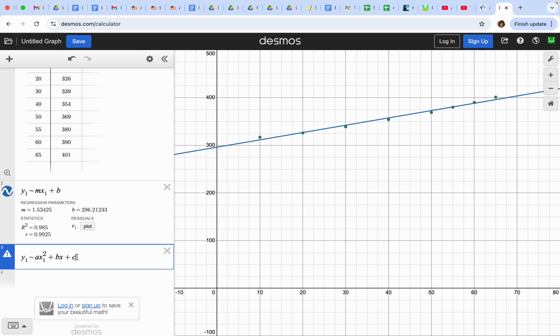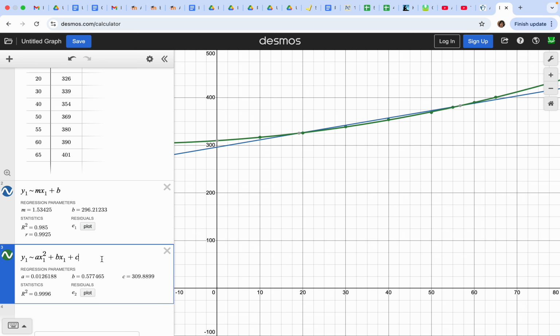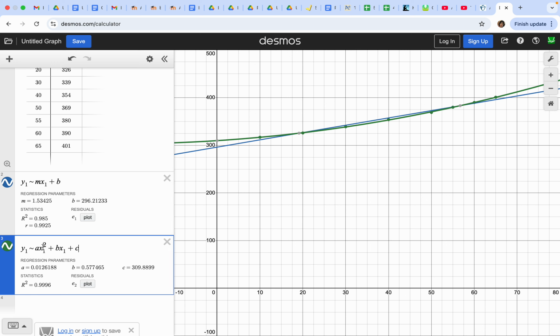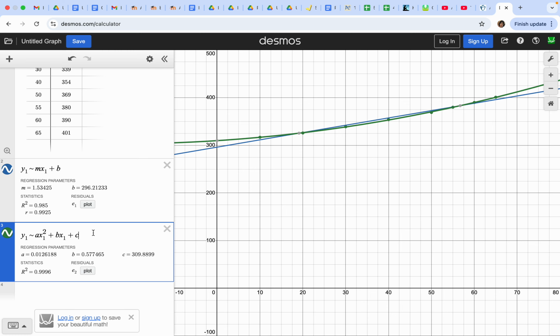And we need to put the 1 there again. Sorry, we want to look at r squared. R squared is 0.985 for the linear model, and r squared down here is 0.9996. So this model is slightly better than that model. The quadratic model is better.